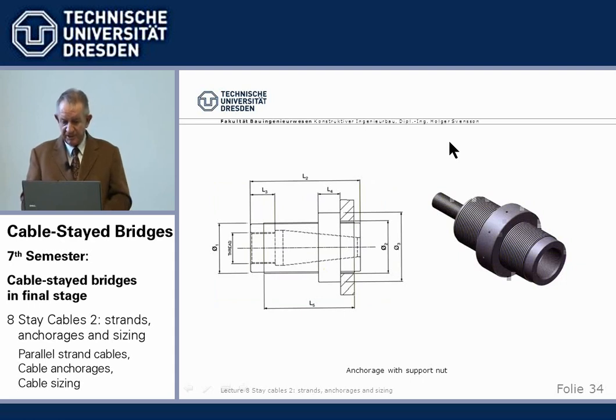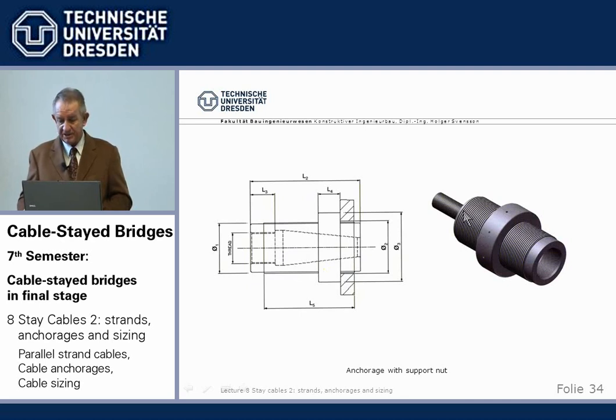Another possibility is to use cylindrical anchor heads with an outside thread onto which we can screw a support nut. And then we have the system here: we have the stay cable, that's where the cable is, and we have the pressure plate, and that's the anchor head which came through here, and then we have this support nut screwed on, and it rests on the base of the support nut.